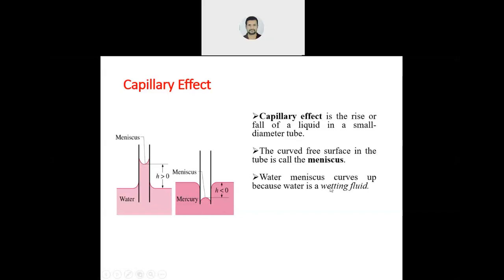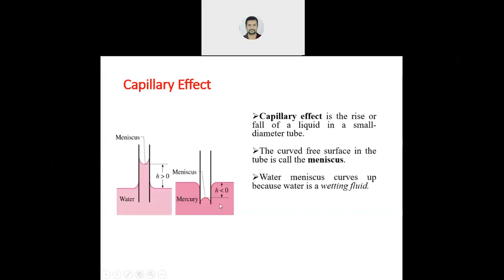Now, in case of water, why is the meniscus going up? Because water is known as a wetting fluid. What do you understand by wet? Wet means gila. Okay, so the nature of water is that it wets the surface, the walls of these tubes. That's why the meniscus is going high.